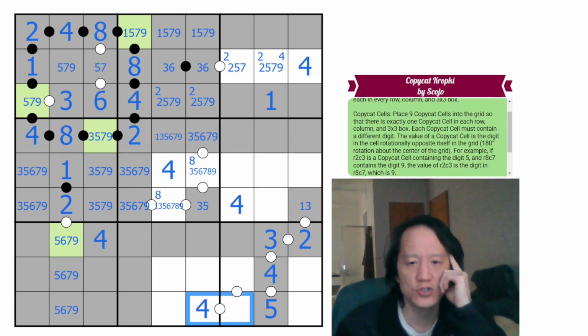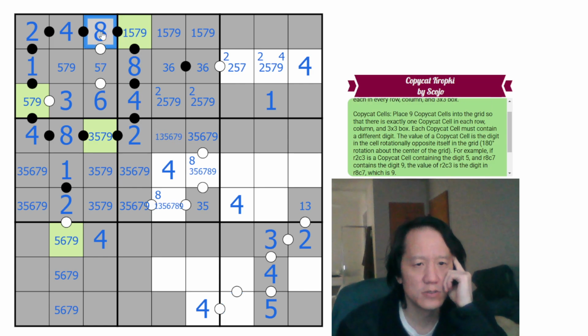So one of these two is the copycat, which means this cannot be a copycat and this cannot be copycat. So if this is 4, this would have to be the copycat and it would be 8. But that's not allowed because this would be the value of 8, but that wouldn't be consecutive with 4.